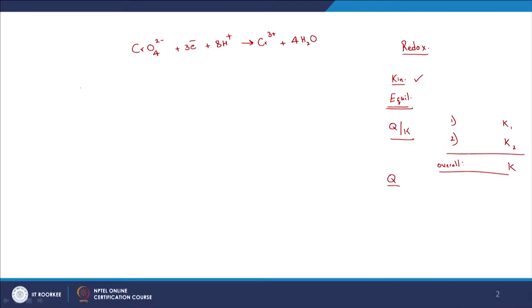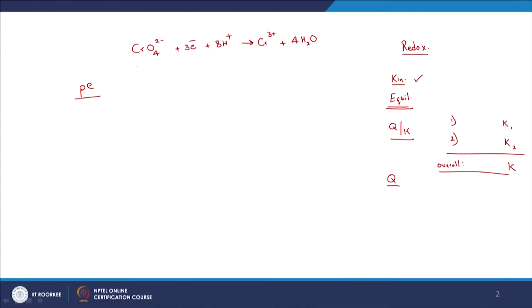Then we started looking at a different approach, something that we haven't looked at yet, the reduction potential or the PE. In this context, we first looked at how to get at that PE. We wrote down the equilibrium coefficient for a particular equation, and this is the example I believe we looked at.